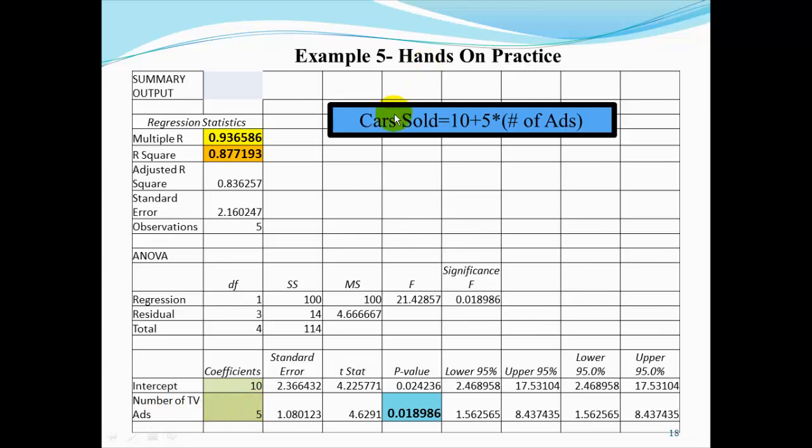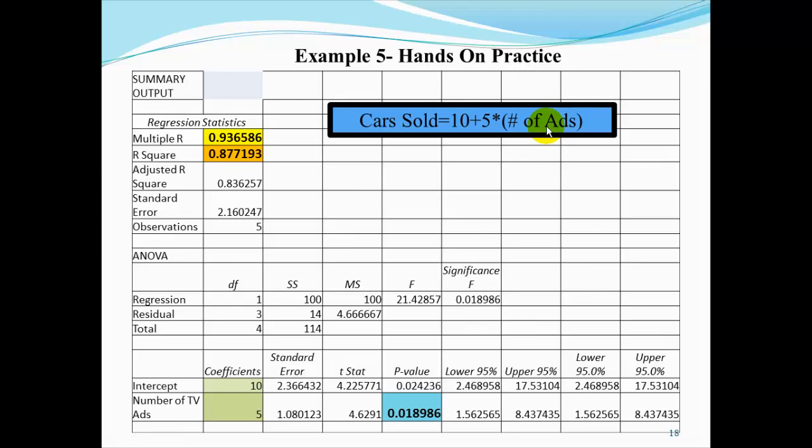Therefore, your regression equation should be Y, which is cars sold, equals B0, which is 10 for this problem, plus B1 times X. For this problem, X is the number of ads.